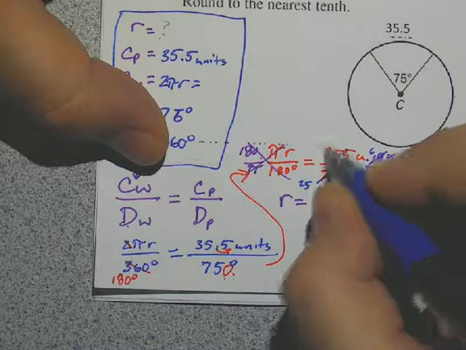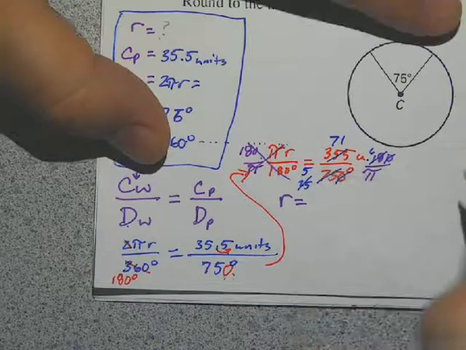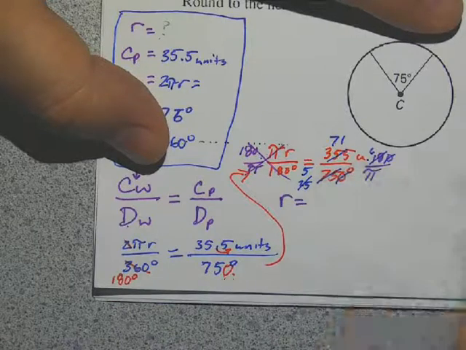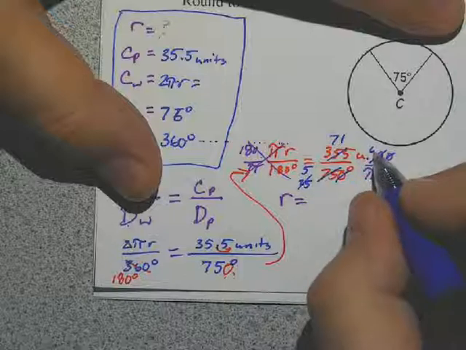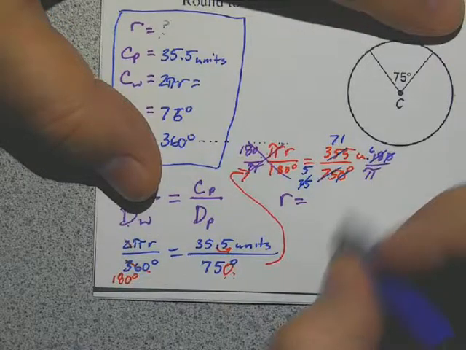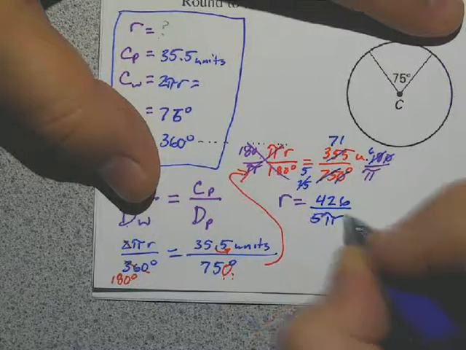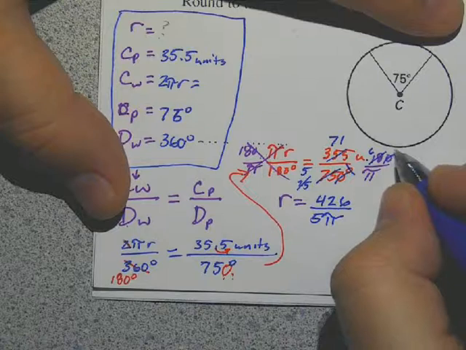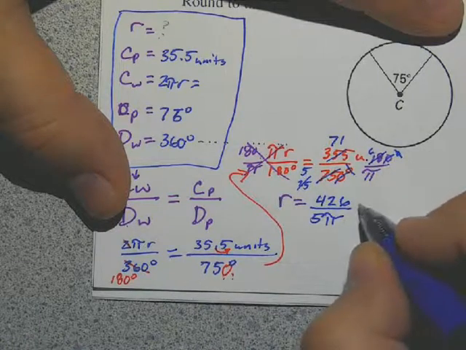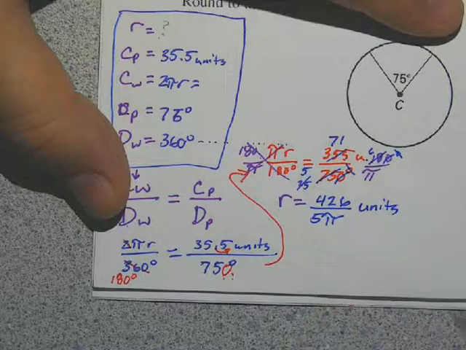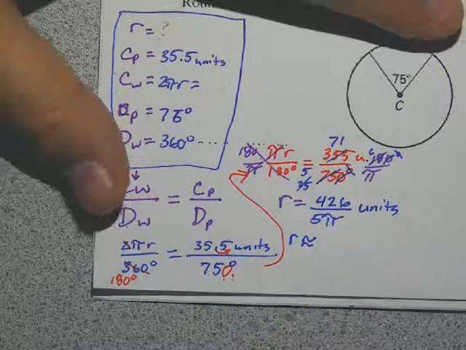So I bet you that's going to be 71 times 5, and I'll leave a 5 on the bottom. Okay, so this is 71 times 6 over 5 pi. So 71 times 6, 7 times 6 is 42, so that's 420 plus 1 more 6 is 426 over 5 pi. And the degrees and the degrees over here cancel. I should have had a degree there. I don't know why. Carry that. And then I have units. So I can find what this is. R is approximately 426 over 5 pi.